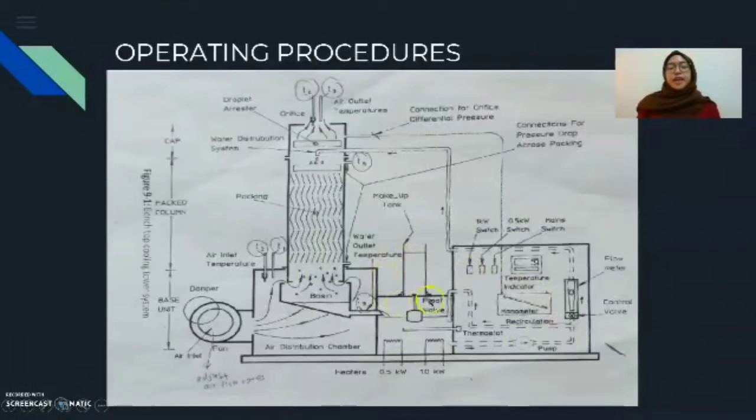As the water in the load tank decreases because of evaporation, the float valve will be opened so that the water in the makeup tank can go into the load tank.